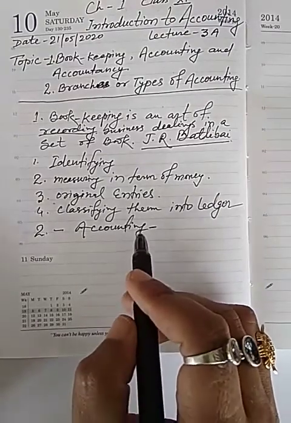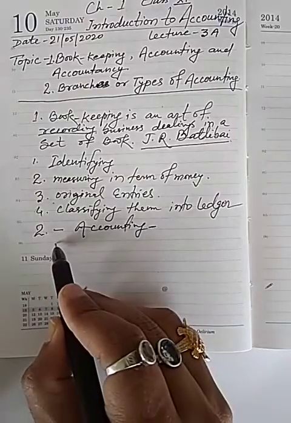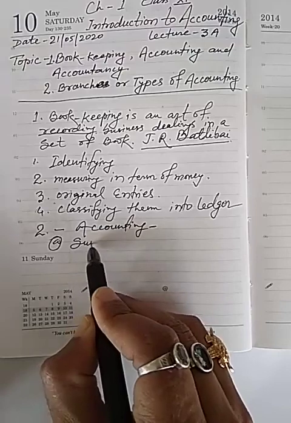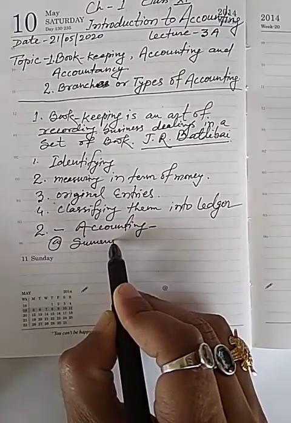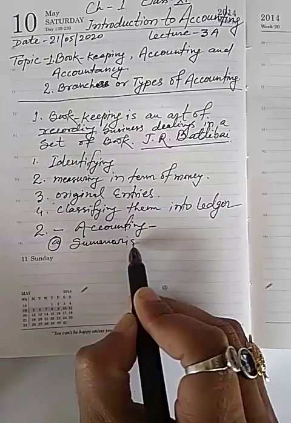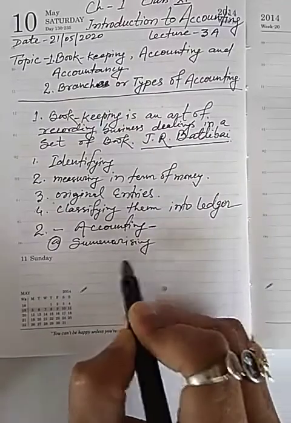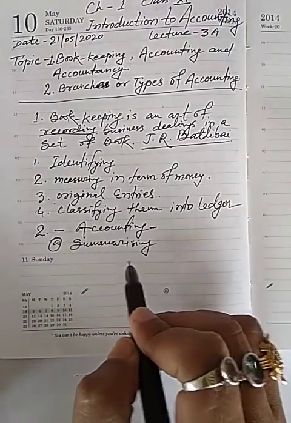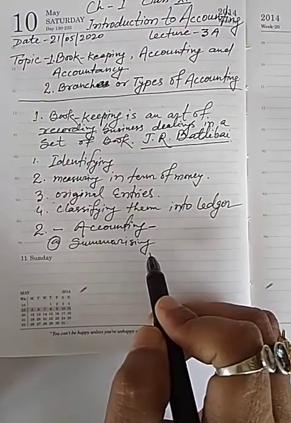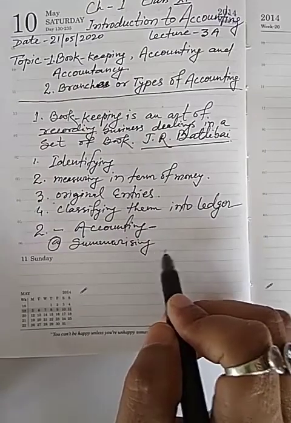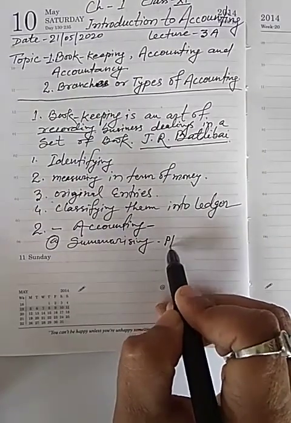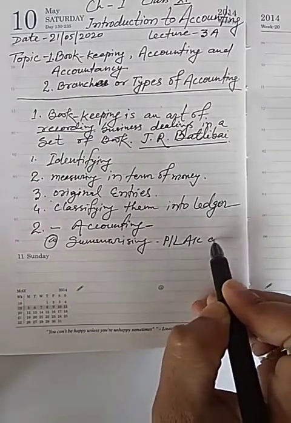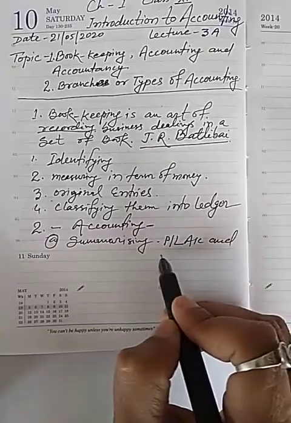So it includes first summarizing the classified transactions in the form of profit and loss account and balance sheet.